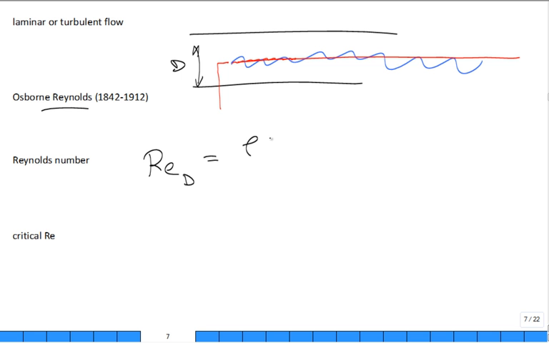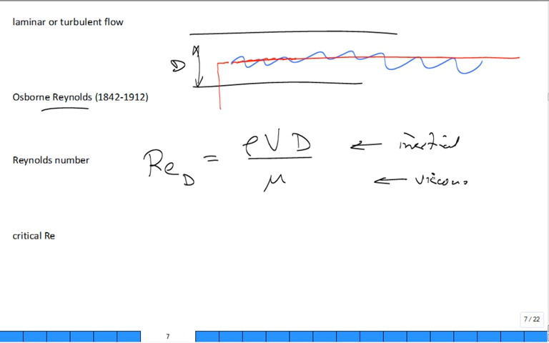Rho, U average, or V they call it, d divided by mu. How can you interpret the Reynolds number? The ratio of two competing forces, inertial in the numerator and viscous in the denominator.